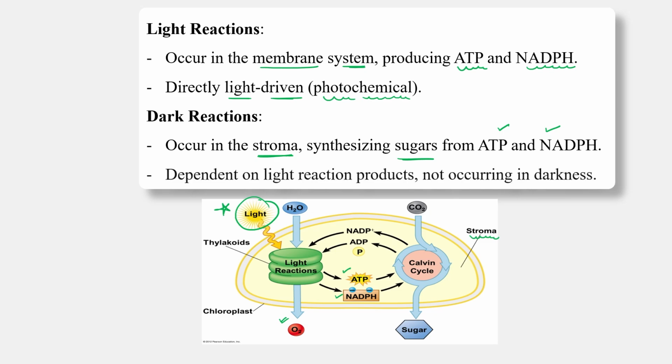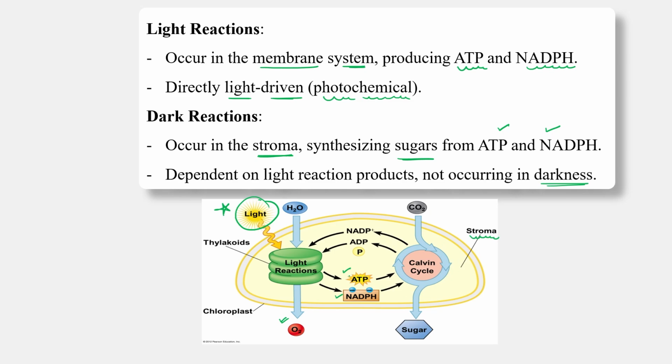Clear? So this dark reaction is dependent on the light reaction products. What are those products? ATP and NADPH. And it does not occur in darkness, meaning it does not necessarily require darkness, but actually it doesn't require light directly as well.